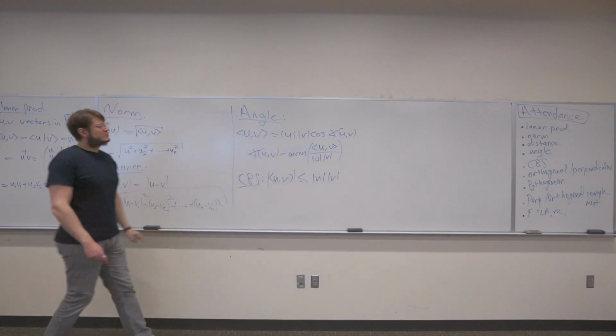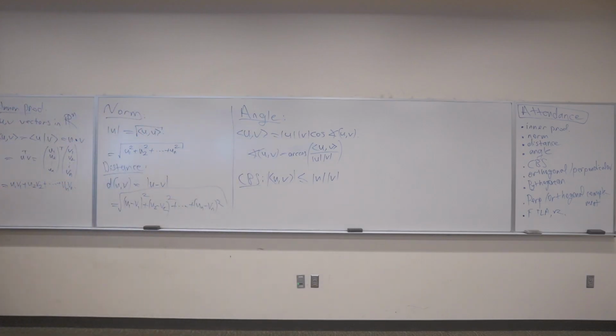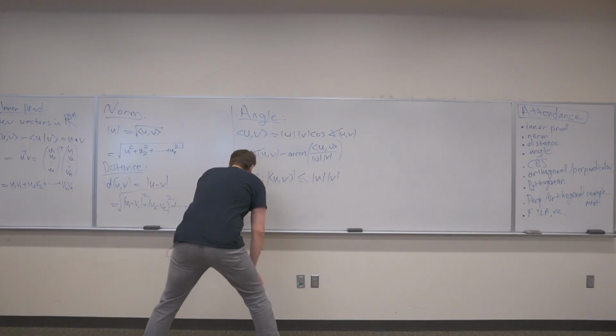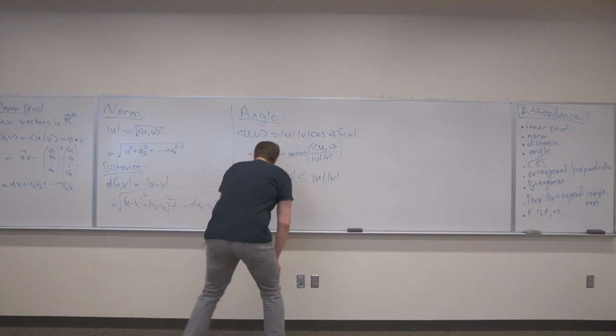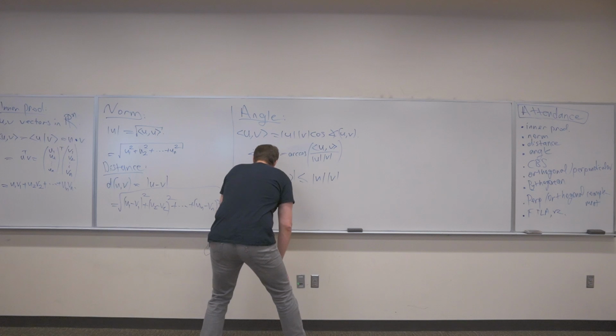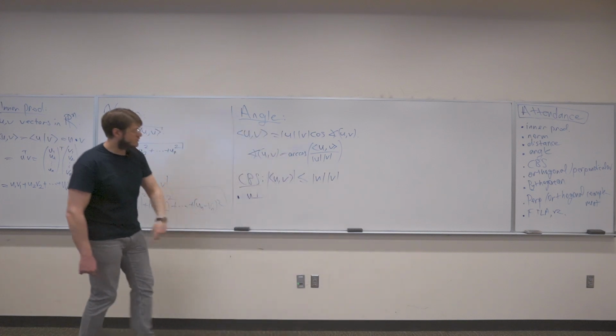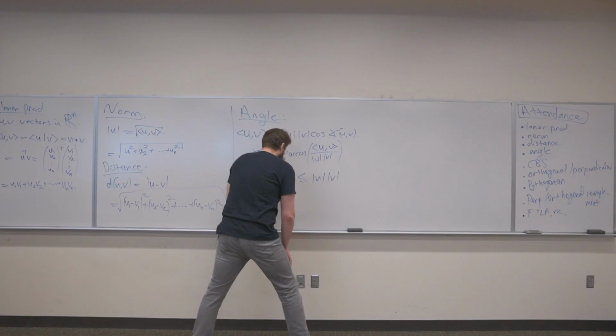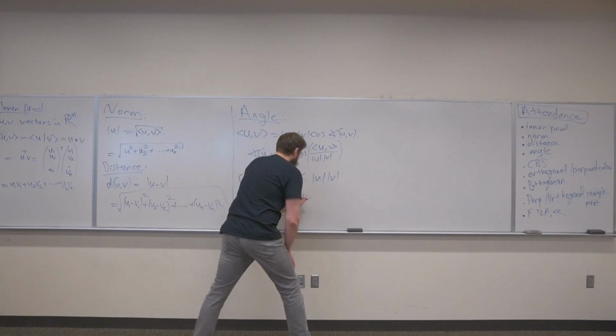And that gives me the notion of perpendicularity given any inner product. It says u and v are perpendicular if their inner product is 0. So I'll write it here. U perpendicular to v. And so you use this perp symbol. U perp v is the same thing as saying that u against v is 0.